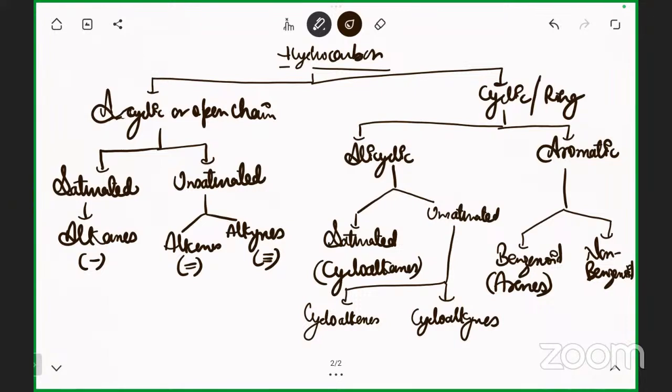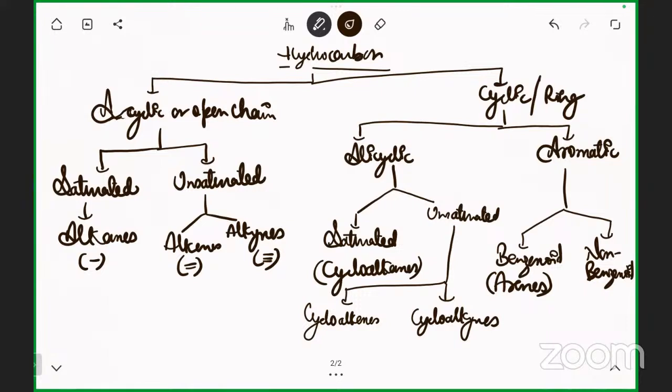Alicyclic are the compounds whose ring is made up of only carbon, and it is again classified into two categories: cycloalkanes, having only single bonds inside the ring, and unsaturated, which is classified into cycloalkenes, which contain a ring plus a double bond or multiple double bonds, and cycloalkynes, where a triple bond must be there.